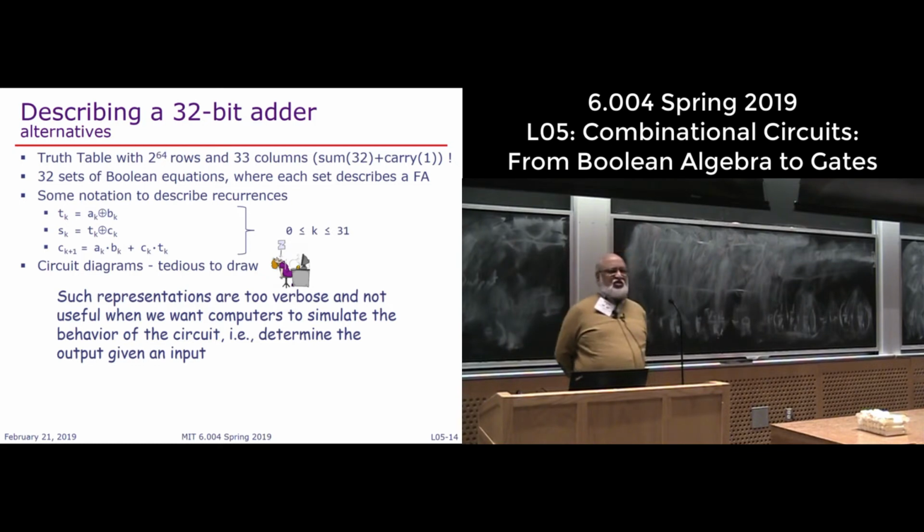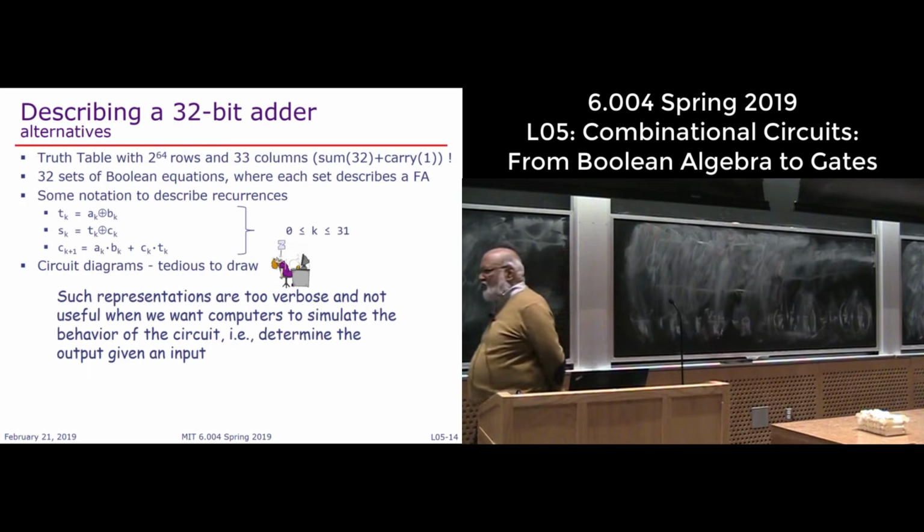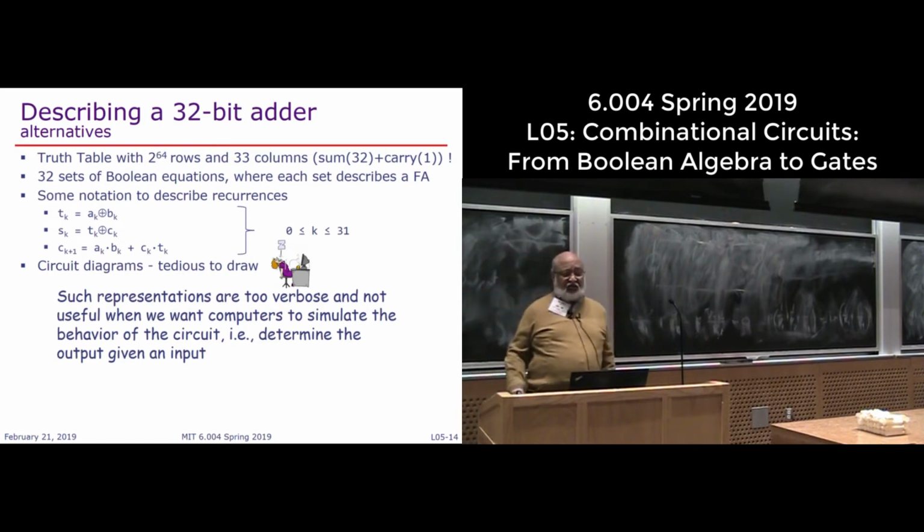So the ability to simulate, the ability to execute this program or whatever description you have, so that you give it some input and it produces some outputs, is essential regardless of what the purpose is for the notation. Because the purpose here is not just to learn the answer, the purpose here is to generate circuits. But even when the purpose is to generate circuits, the ability to simulate the circuit is extremely important.